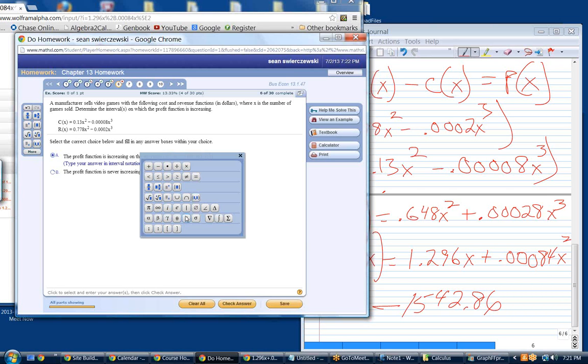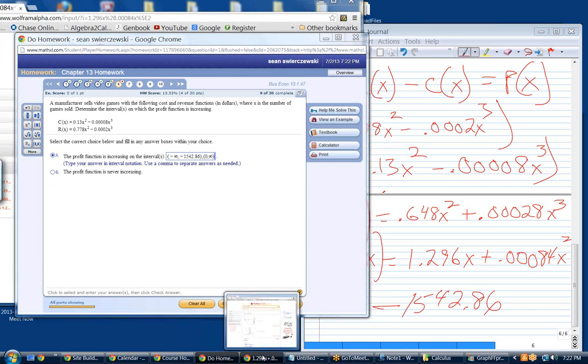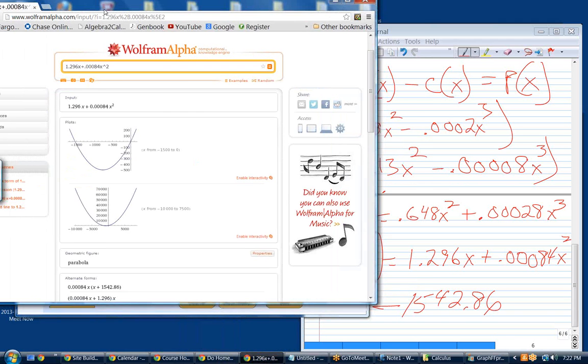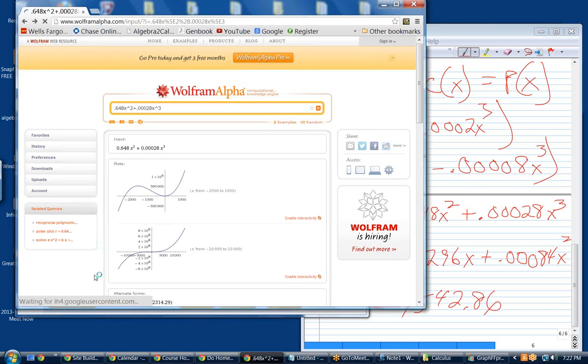Because we had positive in the derivative. Oh, that's right, because I did the algebra wrong. Yeah. So this should be correct, right? In other words, based on this picture, here's the profit function. It's increasing up to that point, which is minus 1542.86, and then again from 0 to infinity.